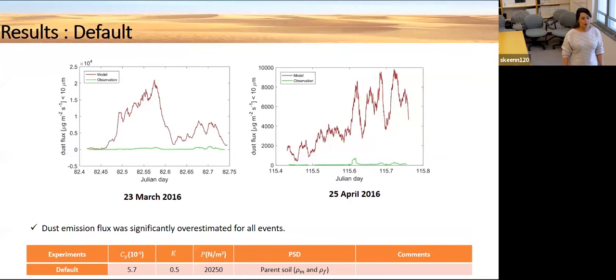So when I'm talking about the default settings, it means that Shao's scheme has been tested against different data sets, so they have come up with a range of values for different parameters in their studies. So I used those data for running the model.